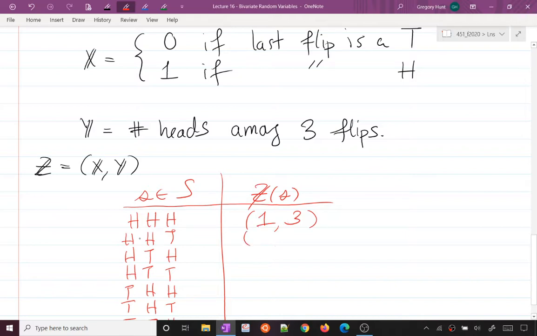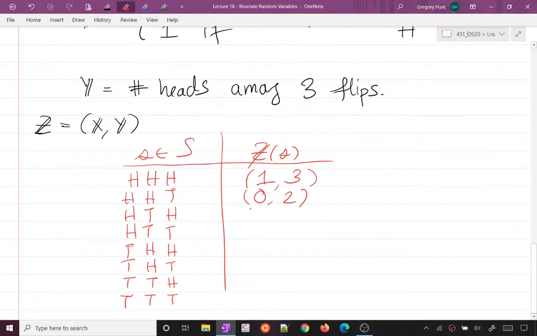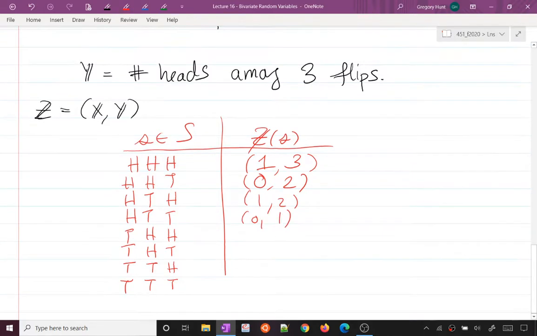In my second one, heads, heads, tails, the last one is a tails, so I have a 0, and there are 2 heads, so I get 0, 2. You can go through and fill out the rest, and you could verify them for yourself. Should be something like this. There you go. That would be my random variable.